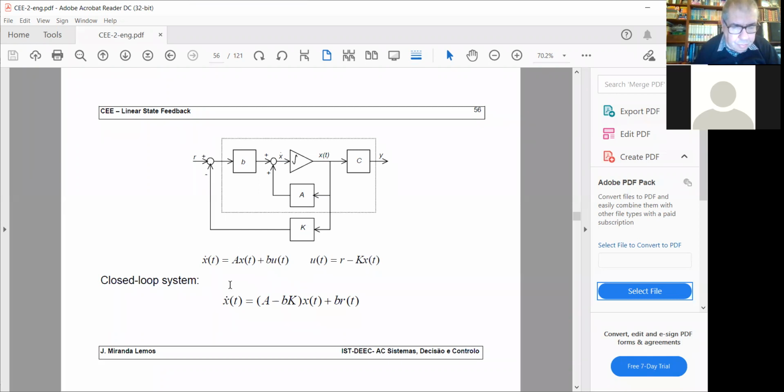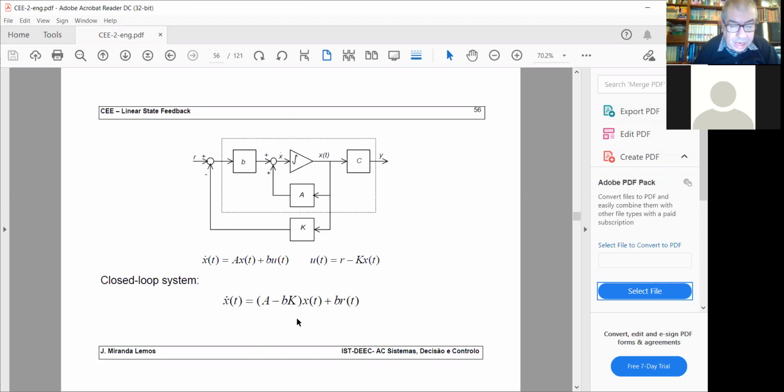Now, let's think in mathematical terms, in modeling terms. You have these two equations. One equation that defines the plant, and the other that defines the controller. So you can eliminate u, and if you eliminate u, you get a closed loop system whose dynamics is A minus BK.